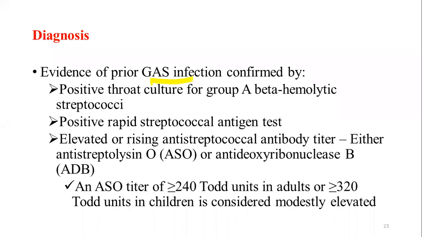Those are the anti-streptolysin and anti-deoxyribonuclease tests. I hope you have covered it in microbiology for sure. Those are the common antibody titers that are useful to assess whether the patient has GAS infection or not. So this is all about the diagnostic criteria.